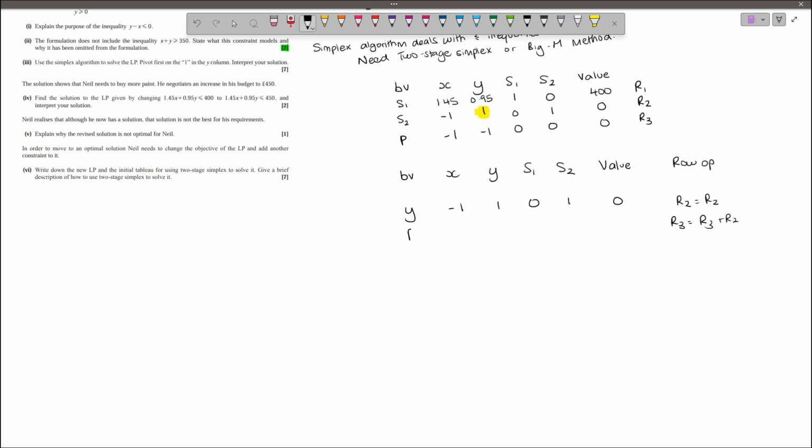I'm going to get P, negative 2, 0, 0, 1, and 0. And then I'm going to get my first row with basic variable S1. I'm going to take my row 1, and to row 1, I'm going to subtract 0.95 lots of row 2.